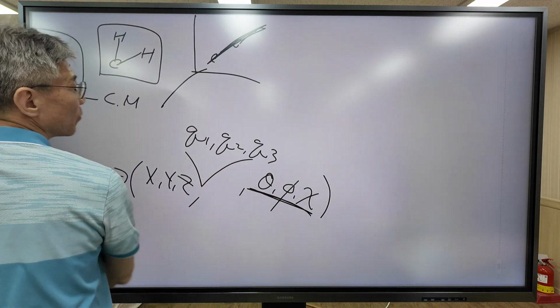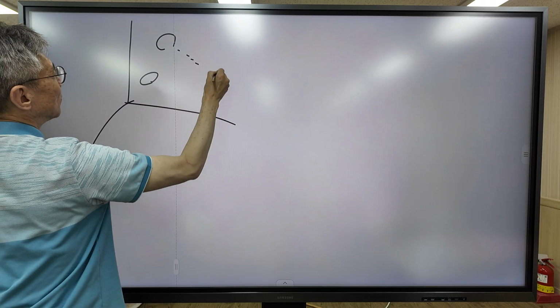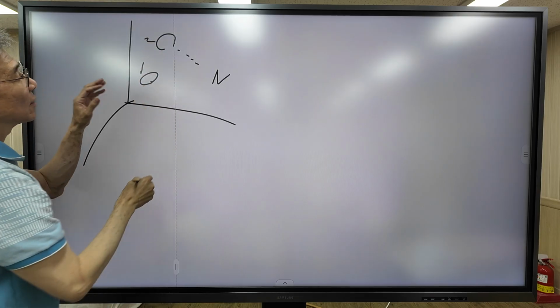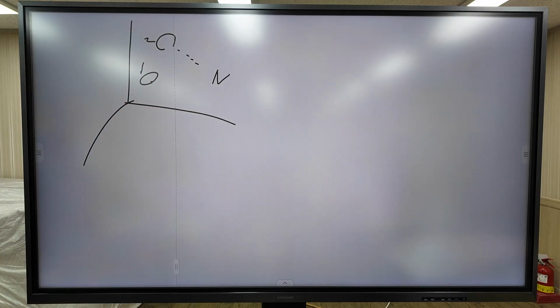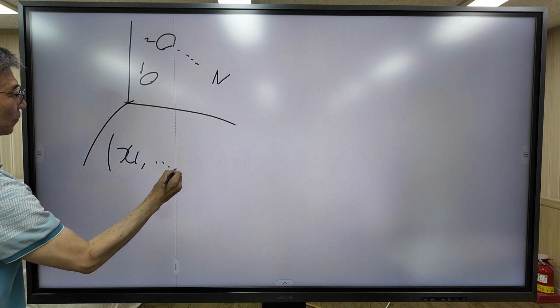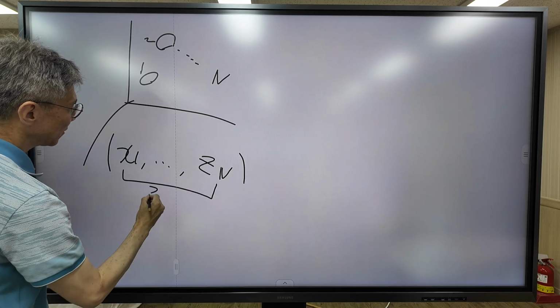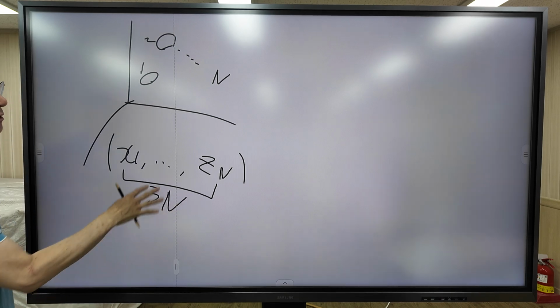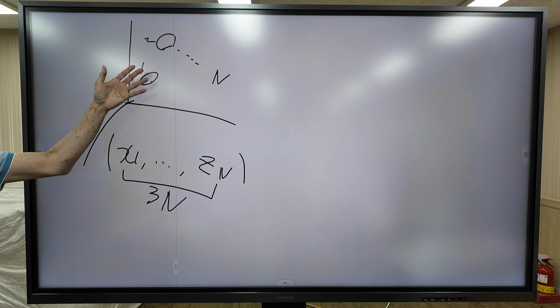Now, finally, generally there are non-linear molecules which are composed of n atoms. Then how many coordinates are needed to describe the motion? We need a total of 3n coordinates to describe the motion of non-linear molecules which have n atoms.